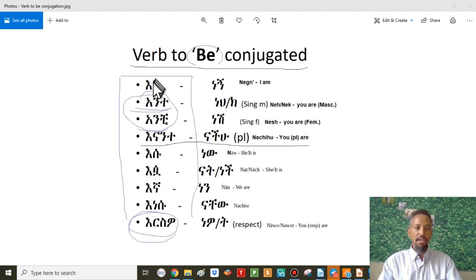Here, the ne is n and e. Ne is a combination of a consonant n and a vowel e. So if you have not studied the Amharic alphabet, and if you can't read this right now, go back to the first and second lessons.